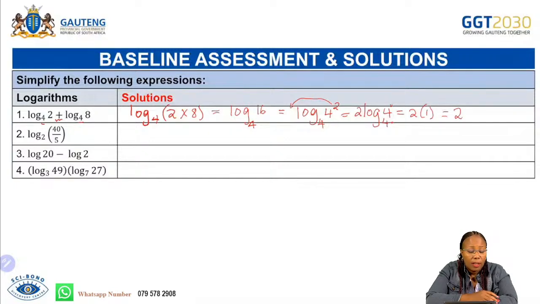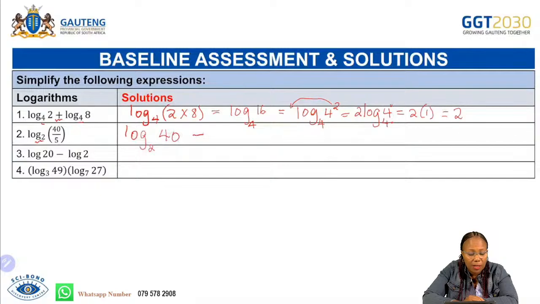Okay, and then the second one now is the division. Now it's a single log. We must separate it back into its two logs, because this is the division of 2 numbers. So since it's a division, it will be log base 2 of 40, minus this side.